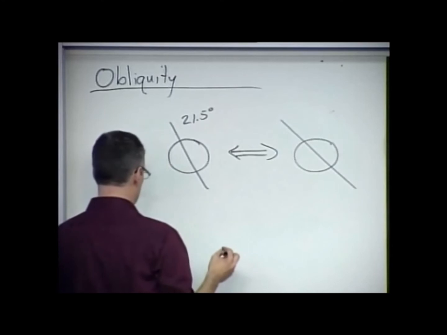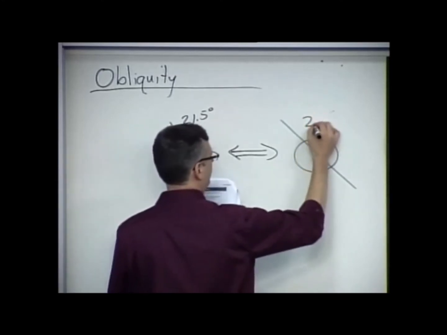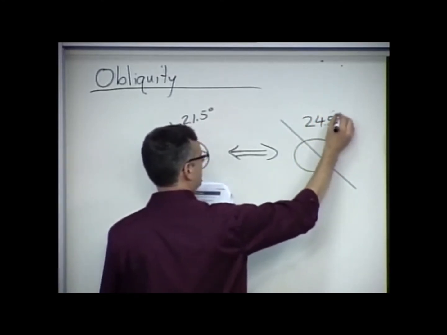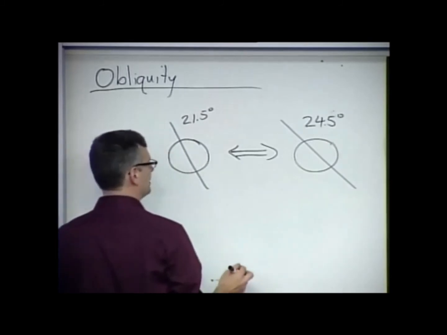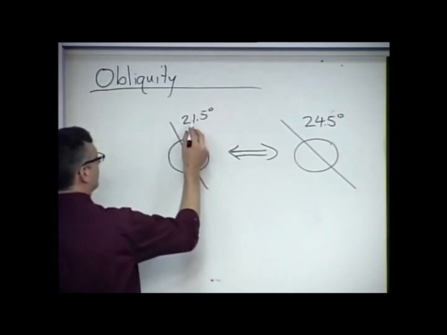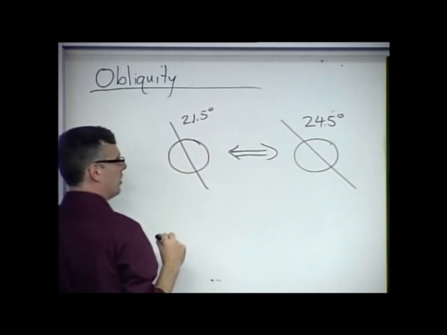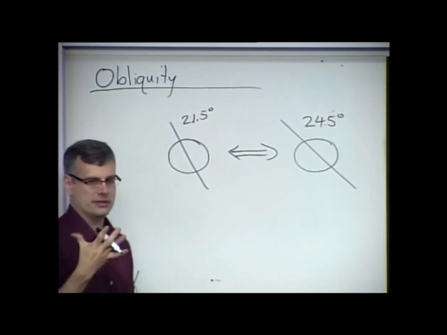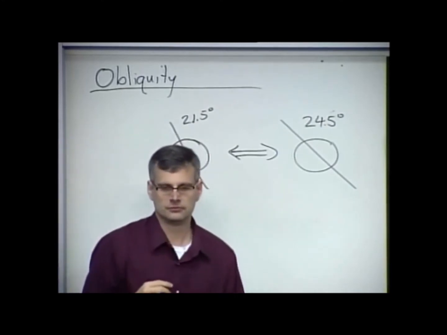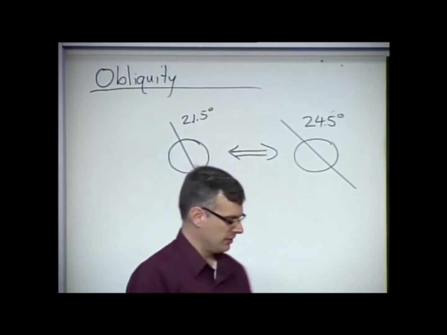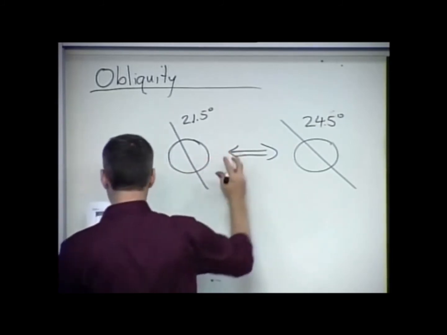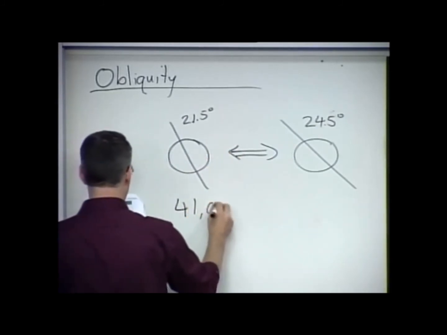That actually varies over time as well, to a maximum of 24.5 degrees to a minimum of 21.5 degrees. So we're kind of somewhere in the middle. This change happens on a 41,000-year cycle.